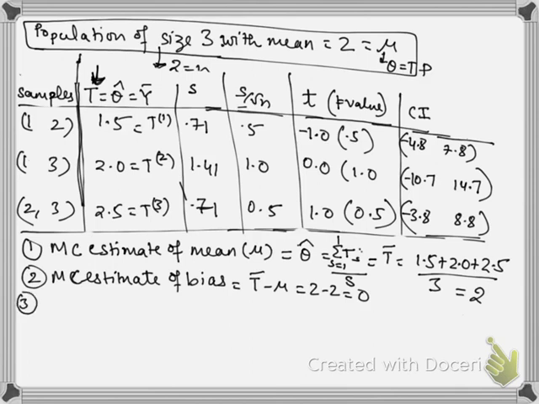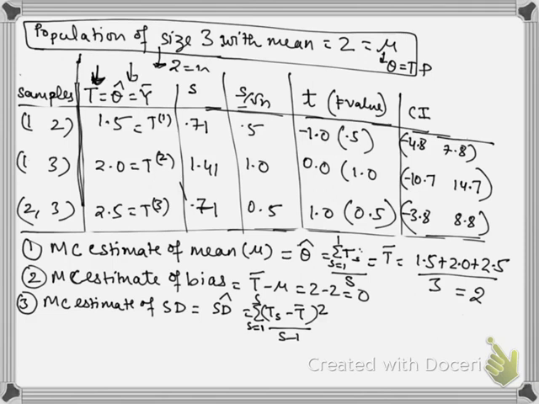Next step, Monte Carlo estimate of standard deviation: the sum of T_s minus T bar whole square over S minus 1, which is basically the variance of this column. Let's call it column C1.